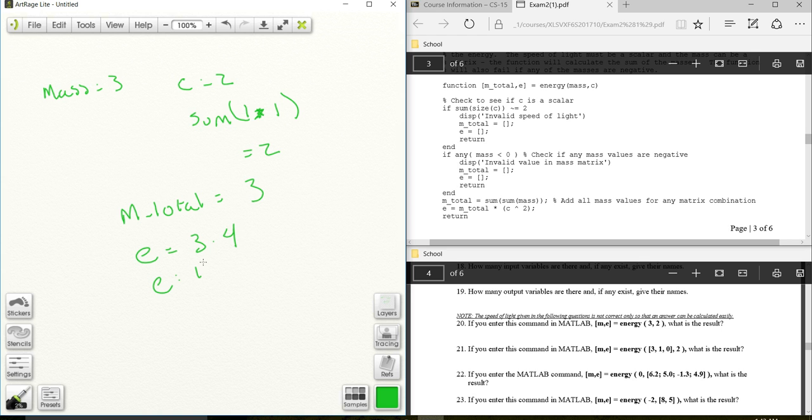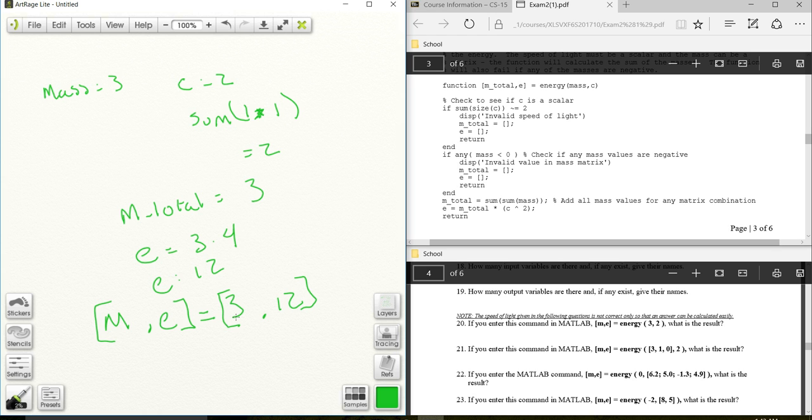E is equal to 12. And so we pass that up to our function output, and we had initially named it ME. And the two values that we're getting out are 3 and 12.